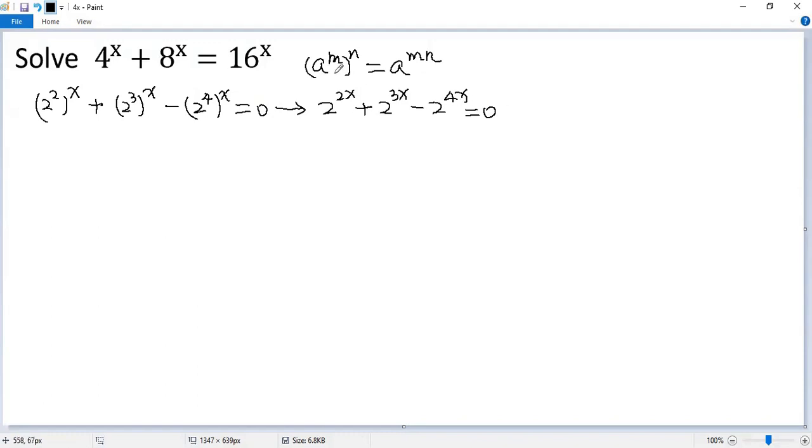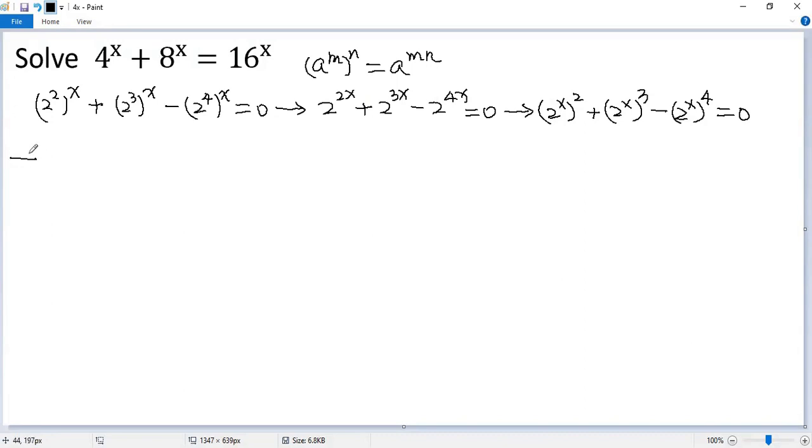Use the same rule. So we can write the first term as 2 to the power x and then squared. The second term, 2 to the power x cubed, minus the last term, 2 to the power x and then to the power 4 equals 0. Then we can take a common factor 2 to the power x squared out.